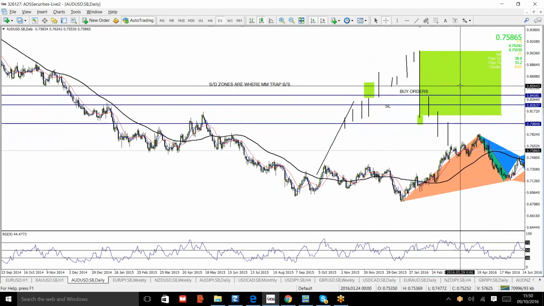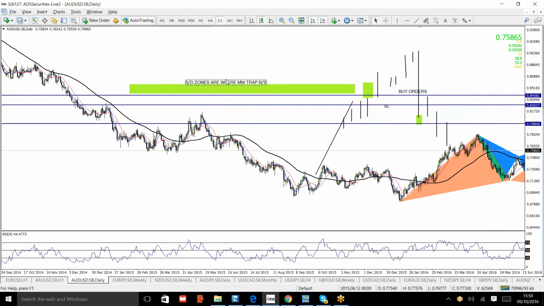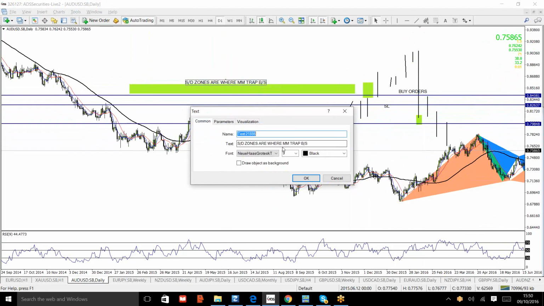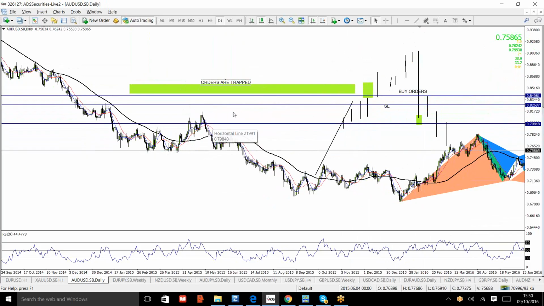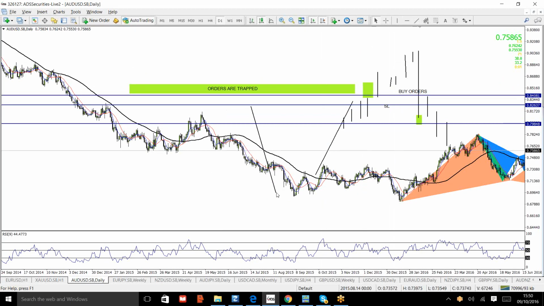So we mark these zones. Now, why do we mark these zones? Let's say I've marked this zone. I'm going to tell you the reason. Reason number one, because you have orders trapped here. Orders are trapped here. And the price has gone down.